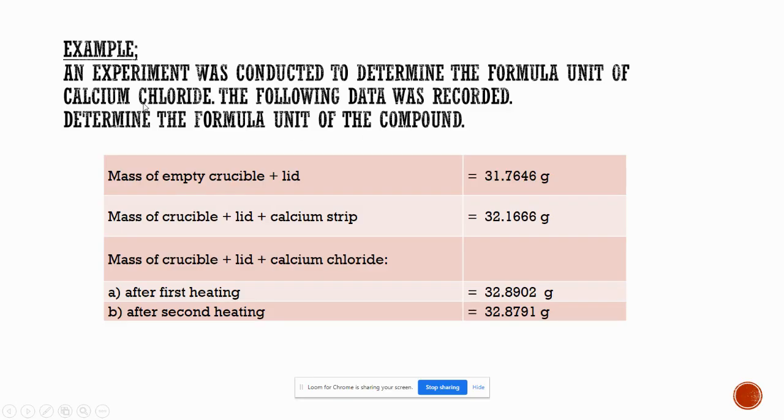So the compound is calcium chloride. What is the formula unit for calcium chloride? What is the first step? The first step, we must find the mass of calcium.